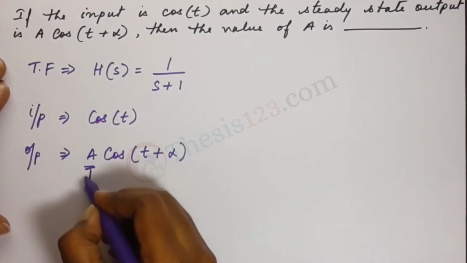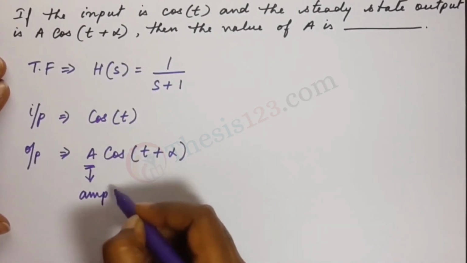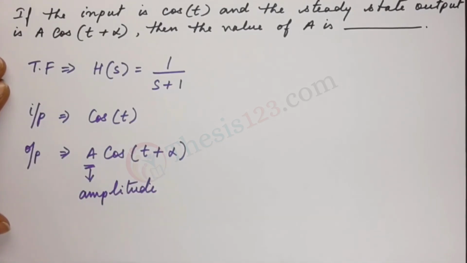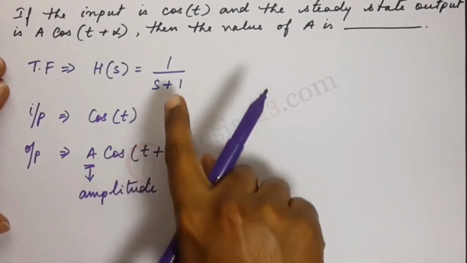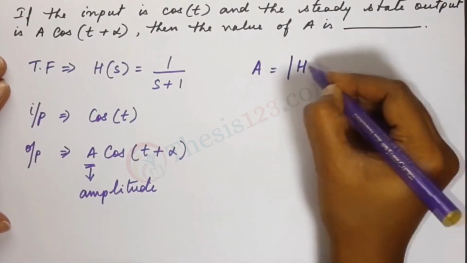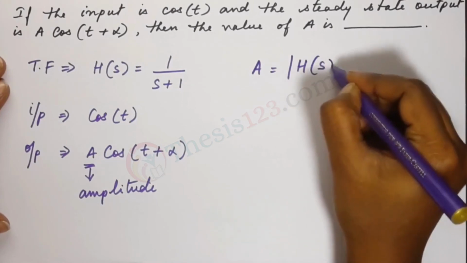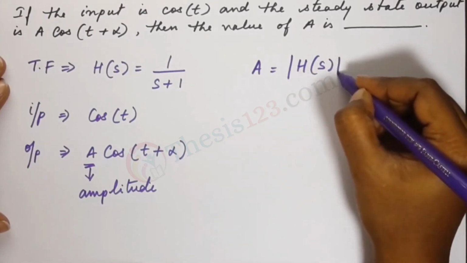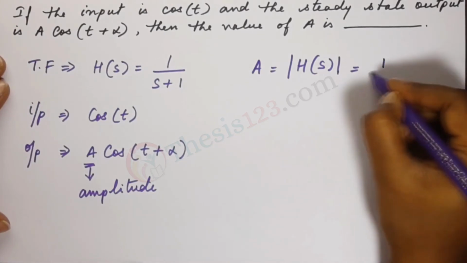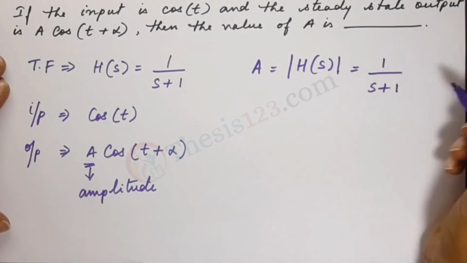Now here A is the amplitude. So we need to find out the value of this amplitude. Now in terms of the transfer function given to us, the amplitude A would be mod of h of s, or the magnitude of the transfer function given to us, which is 1 by s plus 1.